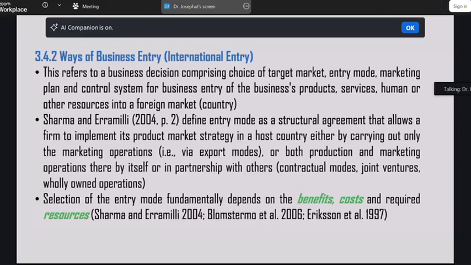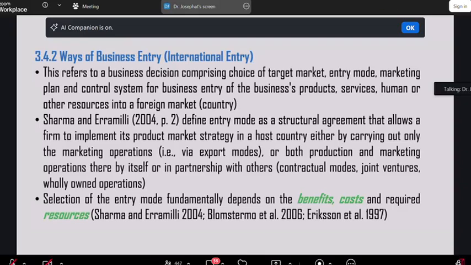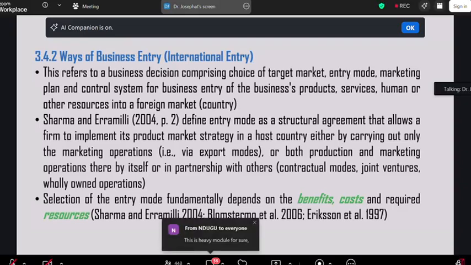Sharma and Armil, 2004, defined entry model as a structural agreement that allows a firm to implement its product market strategy in a host country, either by carrying out only the marketing operations, that means through export model, or both productions and the market operations there by itself or in partnerships with others, contractual model, joint venture, or owned operations.